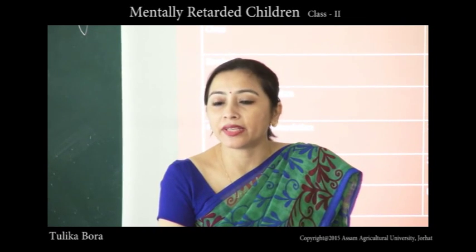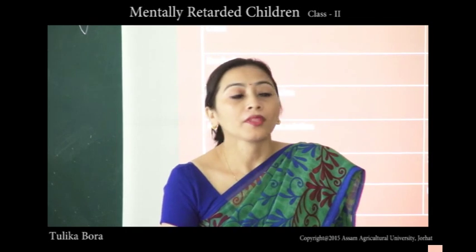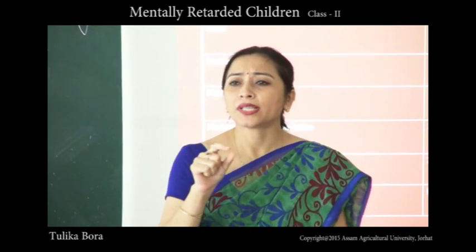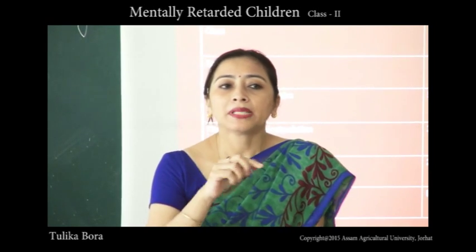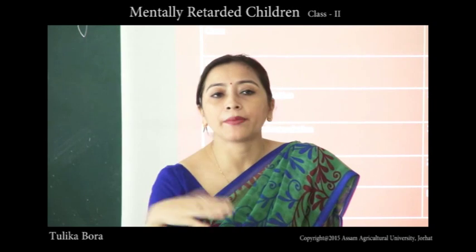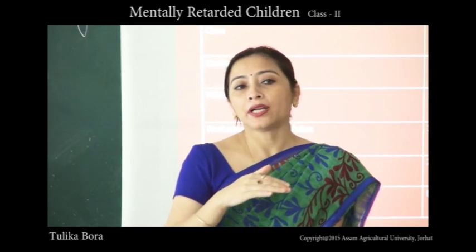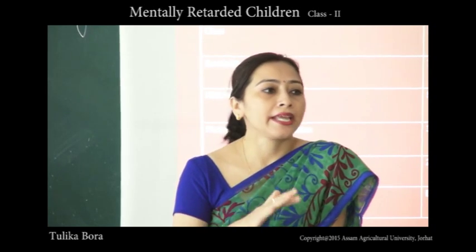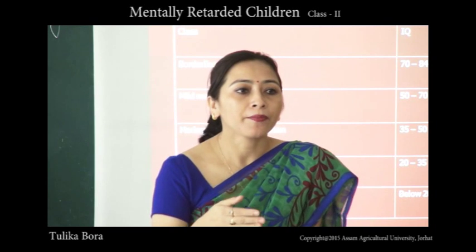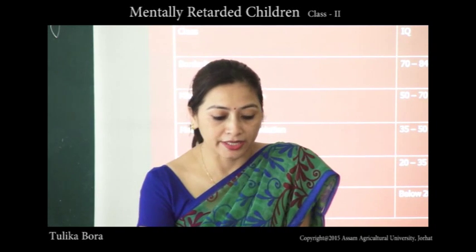Borderline is 70 to 84. If their IQ is between 70 to 84, we say they are borderline, meaning they may be regarded as mentally retarded or they may not be. If they get a proper stimulating environment and proper interventions, they may succeed. They may overcome their retardation.